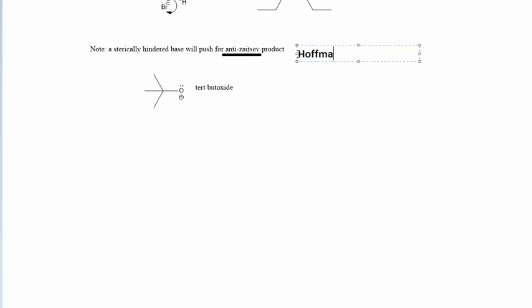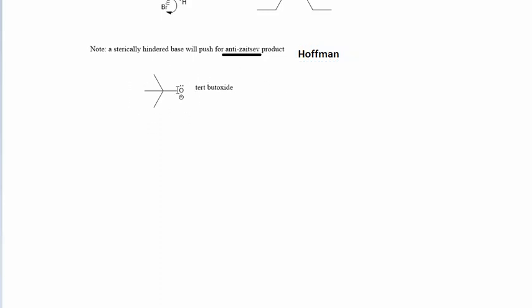Okay, so hopefully you're used to that by now. Let's change it up a bit. So let's talk about tert-butoxide. Tert-butoxide is a favorite sterically hindered base that comes up often in E2 eliminations. So the key here is that a sterically hindered base will push for the anti-Zaitsev or Hofmann product.